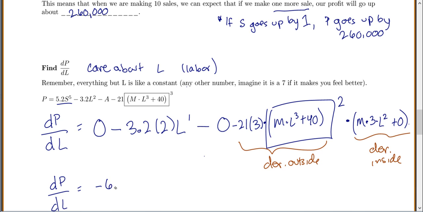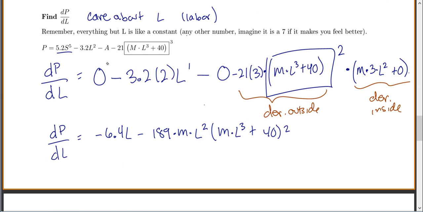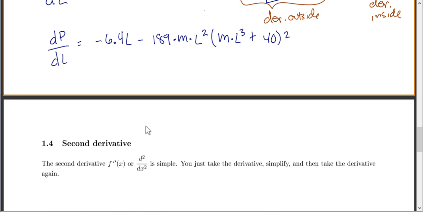We get negative 6.4 L minus 189 times L, m times L squared times m times L cubed plus 40 squared. Okay, again, what you remember here is just only look at the variable you care about, treat everything else like it's a constant.